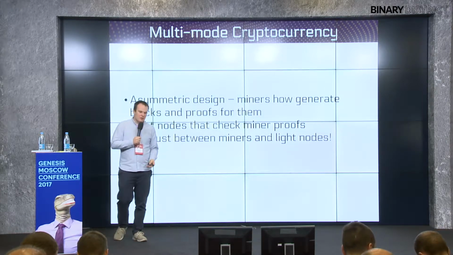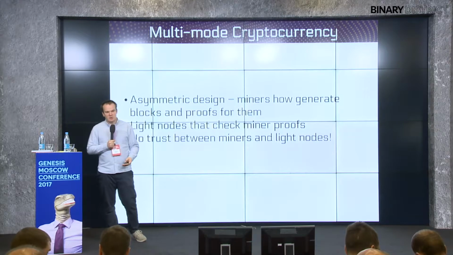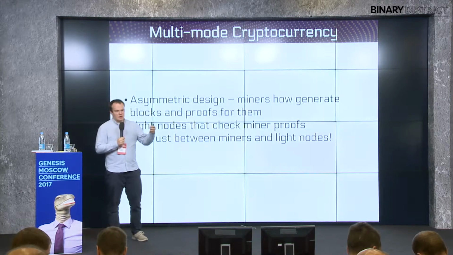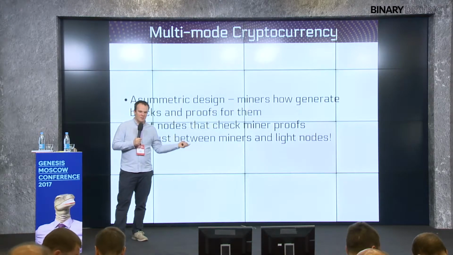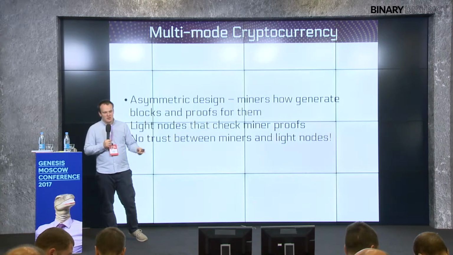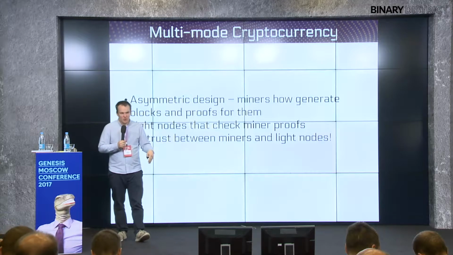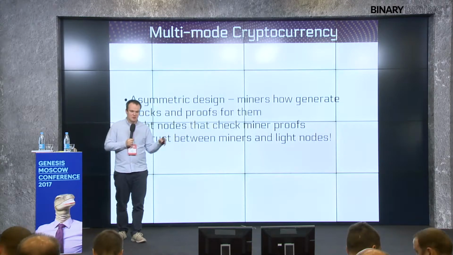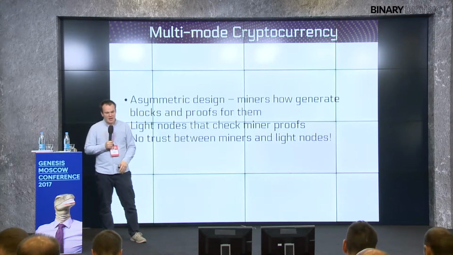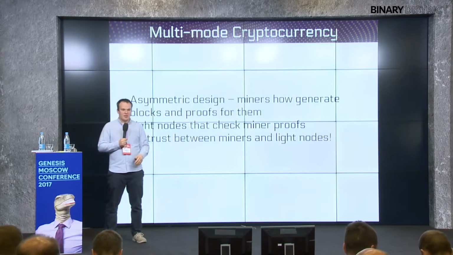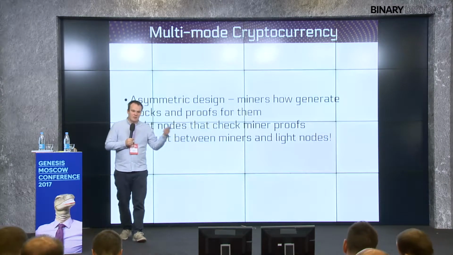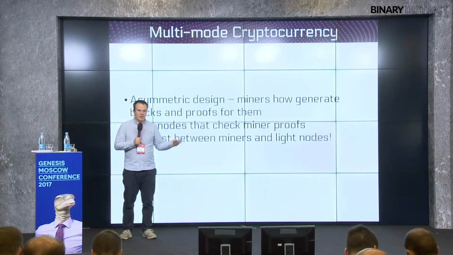So light nodes should check miner proofs. They prove that the miner did the correct job for the current block, and light nodes check that transactions in the block are correct. It's just calculating a few hashes. And also light nodes can validate the proof of the current blockchain.